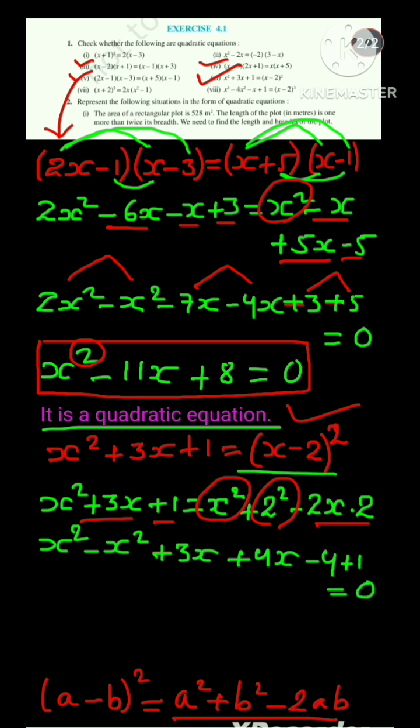Now this plus x square and minus x square will be cancelled out, and here plus 3x and plus 4x, after adding we obtain 7x, and here also minus 4 and plus 1, after subtracting we obtain minus 3 equal to 0.